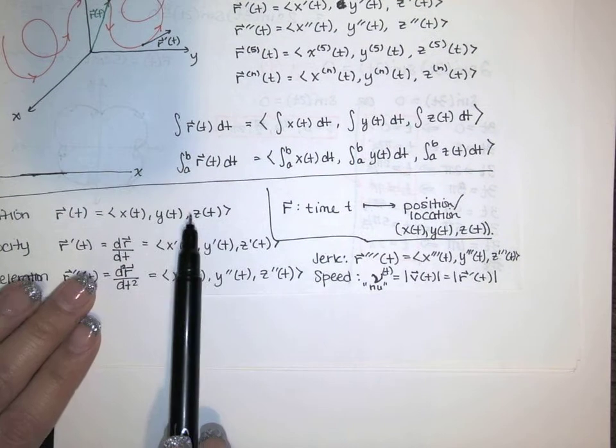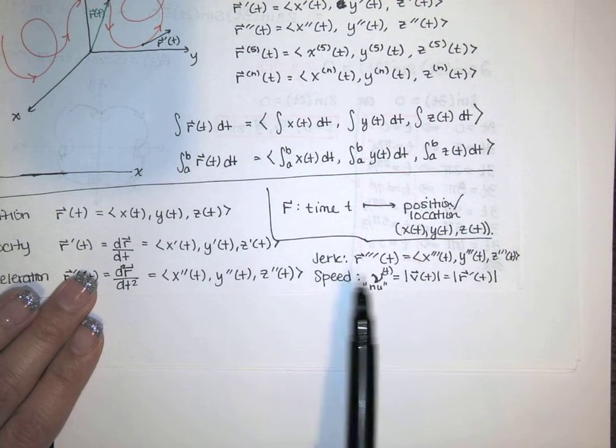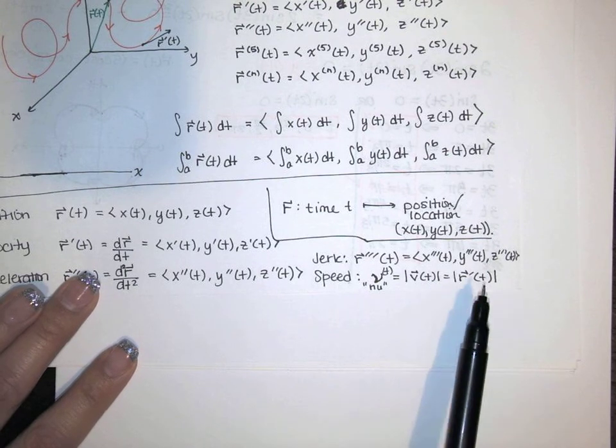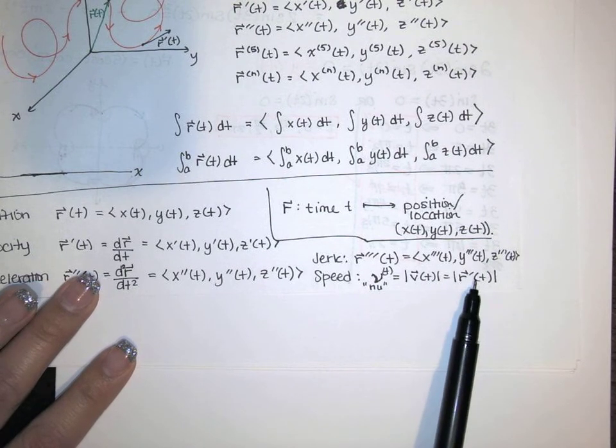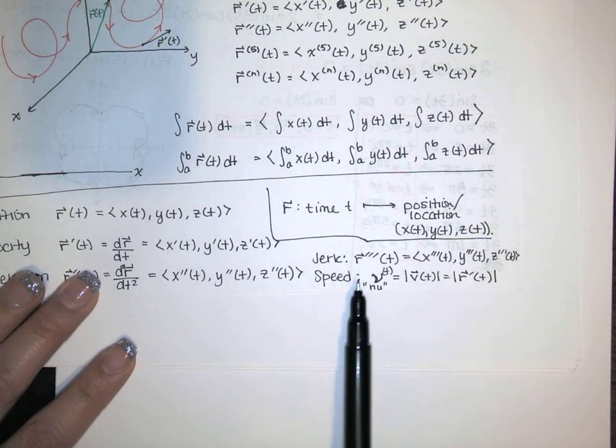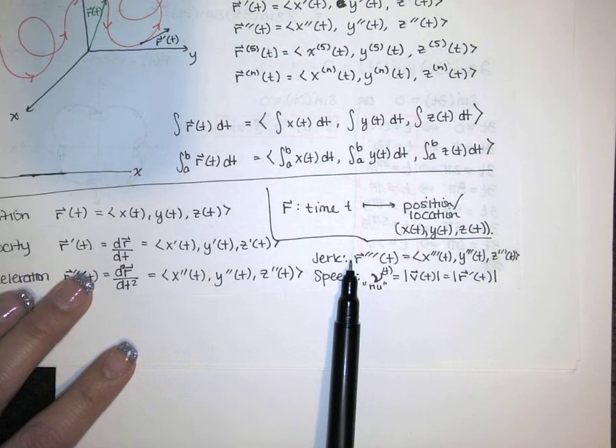Now notice, this is a vector, this is a vector, this is a vector, this is a vector. Speed is a magnitude. So speed is always positive except for when it's 0. So this is a scalar. Speed's a scalar, all the other three guys are vectors.